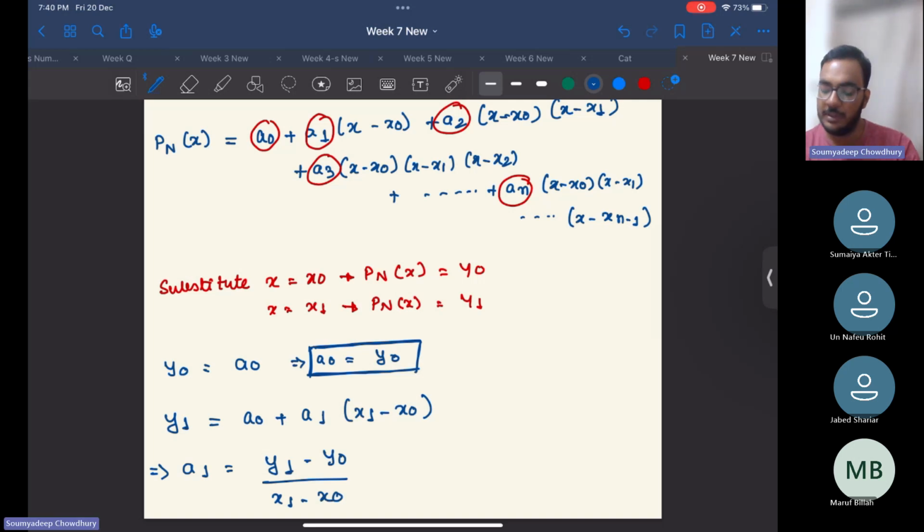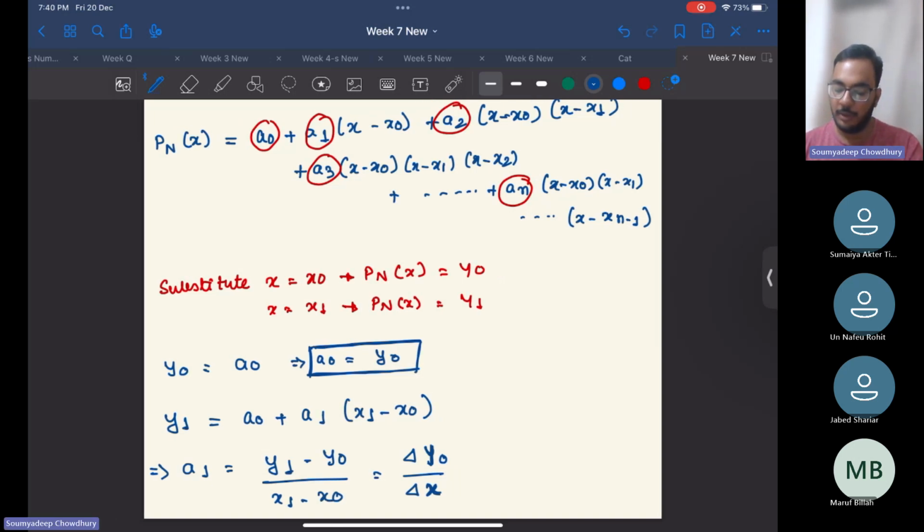What is y1 minus y0? It is basically del y0, from the forward difference formula. So we can write del y0 upon x1 minus x0. X0 is the first value of x, x1 is the second value of x, so the difference between two consecutive values of x is basically delta x, that is del x. Clear?